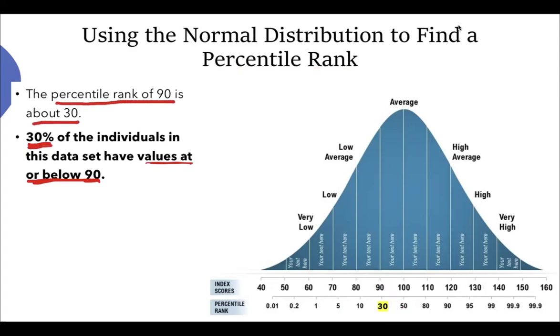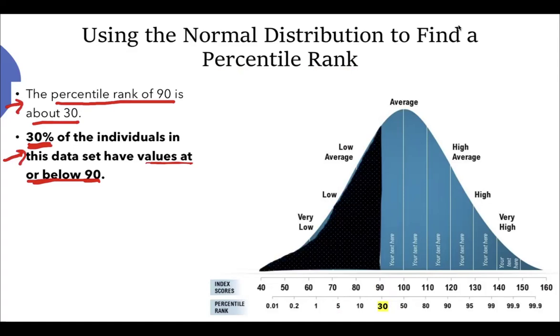That therefore 30% of individuals have values at or below 90. So you have to be able to make that bridge between the percentile rank and its meaning.